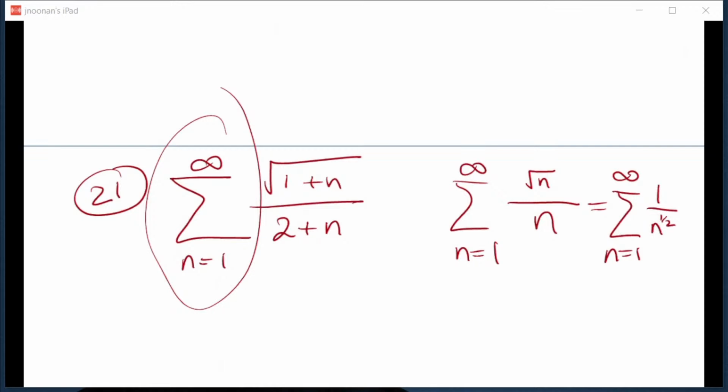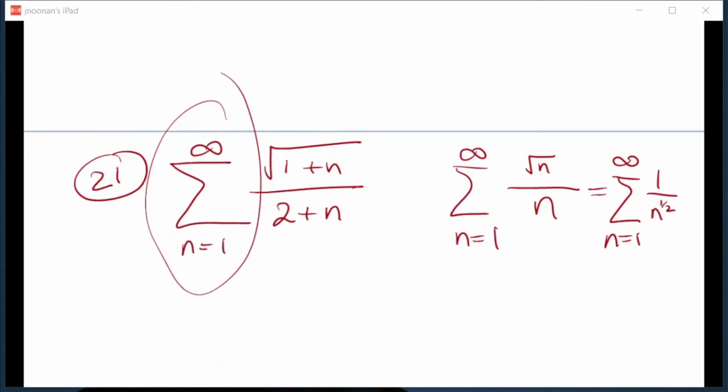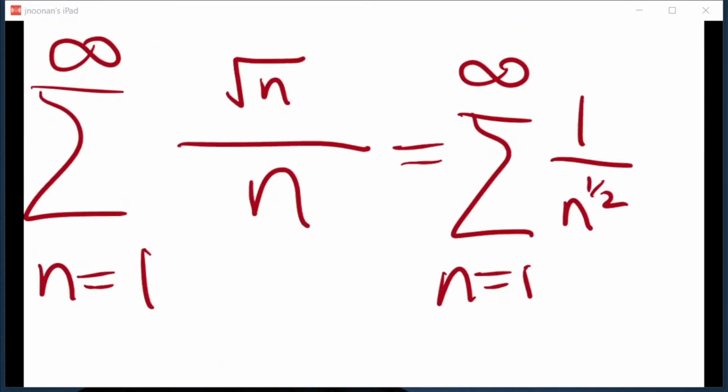So before we go on, Tony, you know about this particular series, don't you? Does that converge or diverge? Did you say diverge? Yes. I thought you did. I wasn't sure, but yeah, this one diverges.